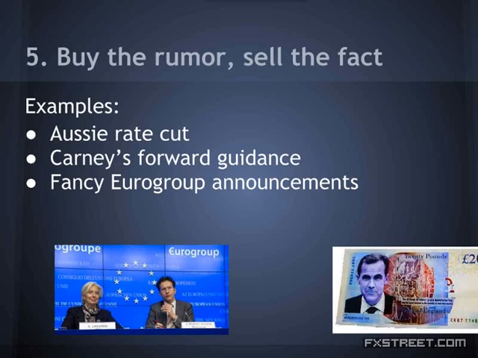So when the actual thing comes out, such as the Greek PSI back in March last year, we have the buy the rumor, sell the fact, which means that a positive announcement from the Eurogroup, from the IMF, is already priced in, and the euro falls despite this announcement.